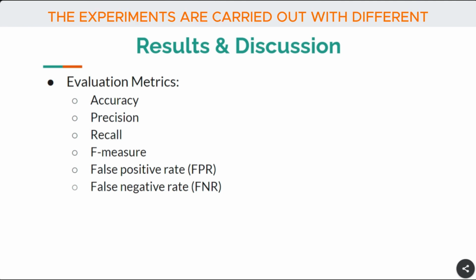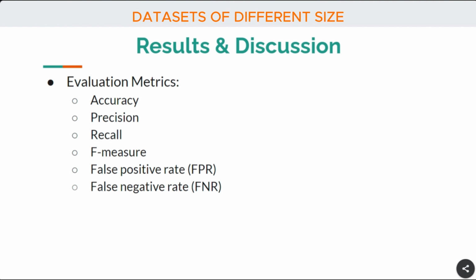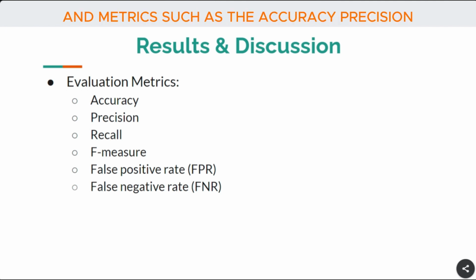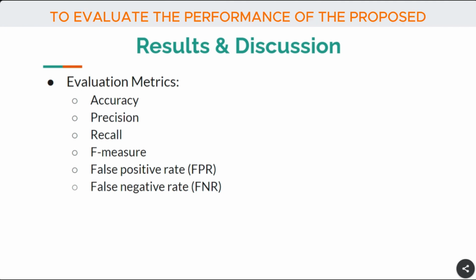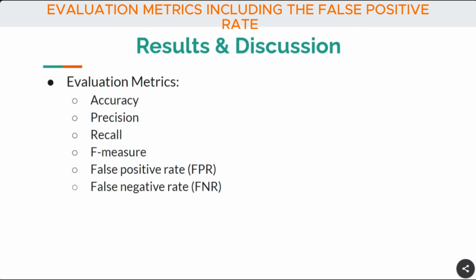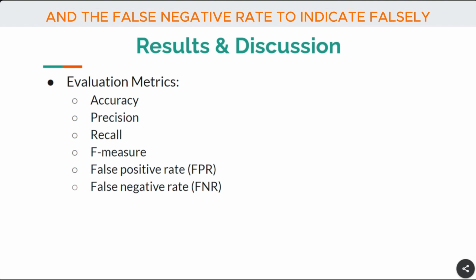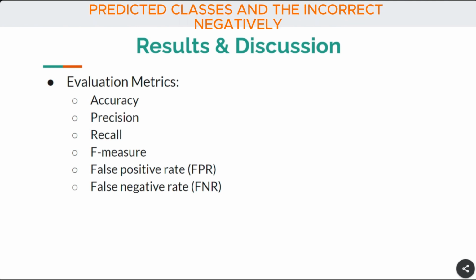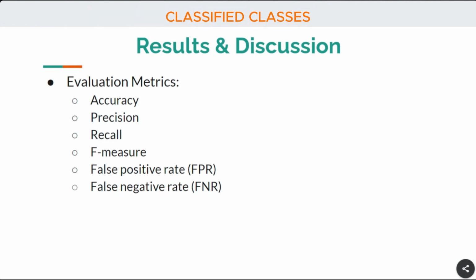The experiments are carried out with datasets of different sizes, with critical evaluation metrics such as accuracy, precision, recall, and F-measure to evaluate the performance of the proposed model. There are also two additional evaluation metrics, the false positive rate and the false negative rate, to indicate the falsely predicted classes and the incorrectly negatively classified classes.